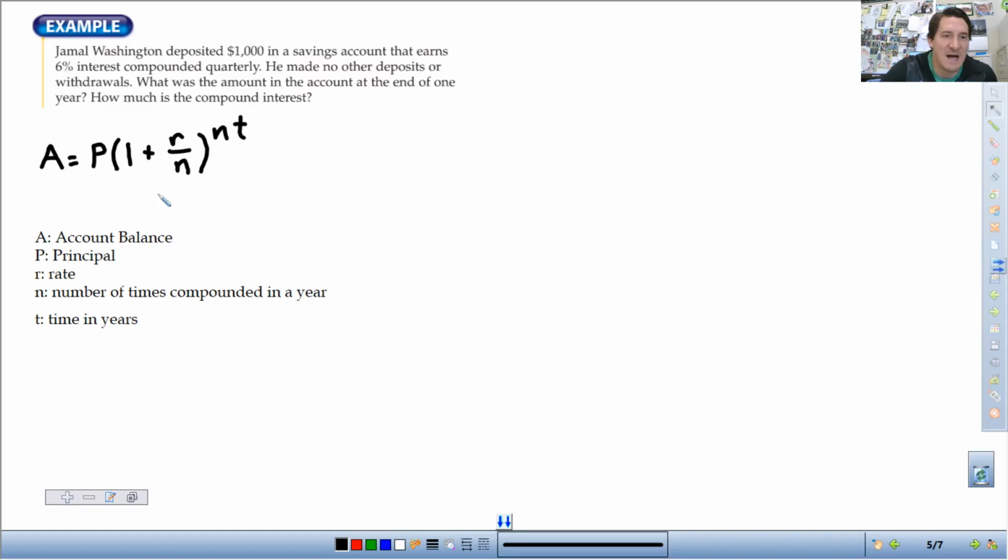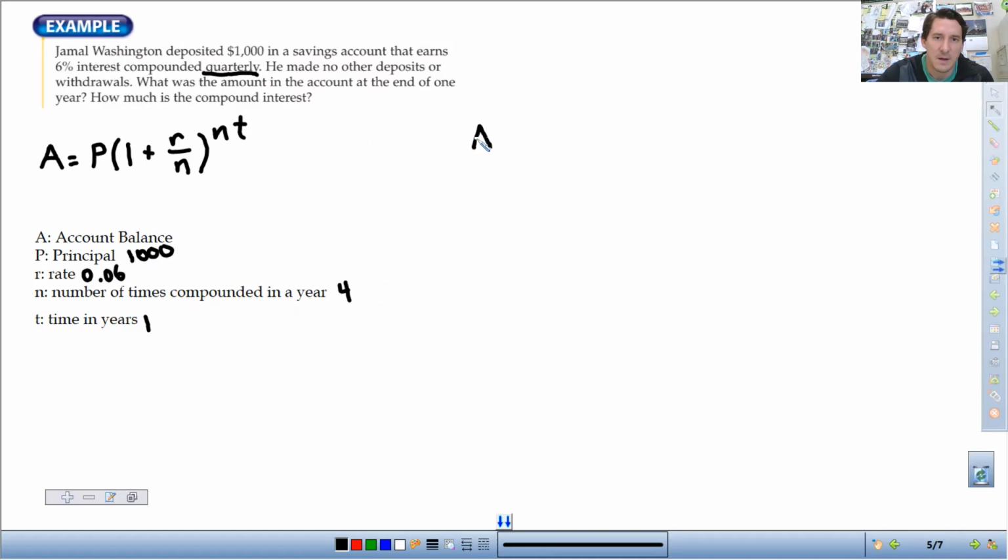So here we're going to deposit $1,000, so that's our principal. The rate is 6%. Don't forget to change it to a decimal, so that's 0.06. Number of times it's compounded per year is 12. Excuse me, no. Quarterly. Thinking ahead to a different problem. This is compounded quarterly, so that means it's 4 times per year. And then time in years, we are just at the end of 1 year. We're just calculating 1 year.